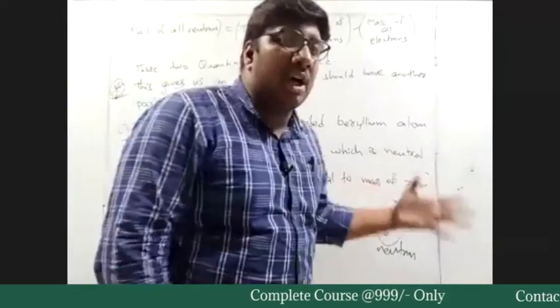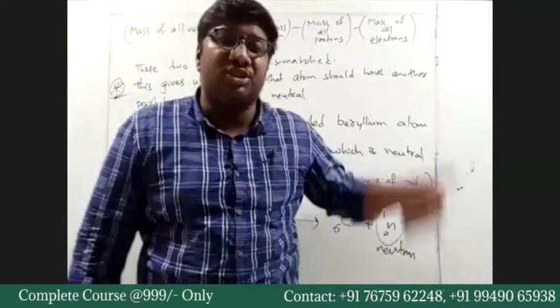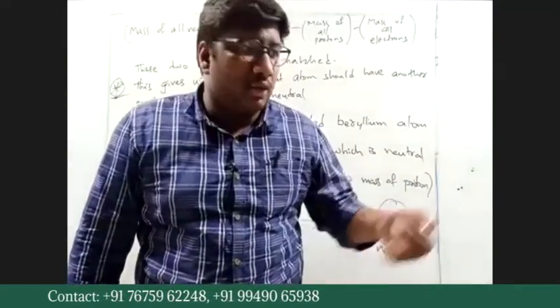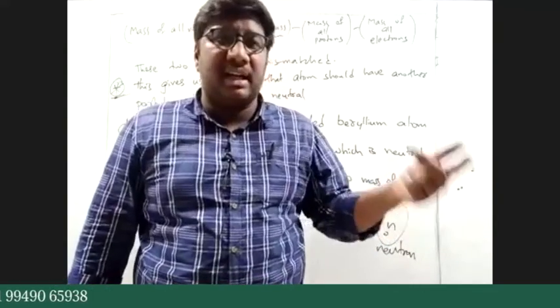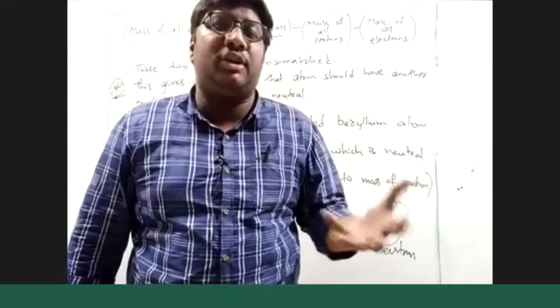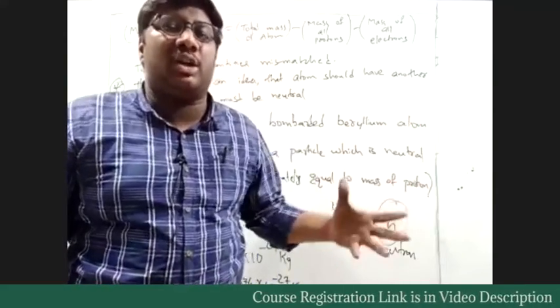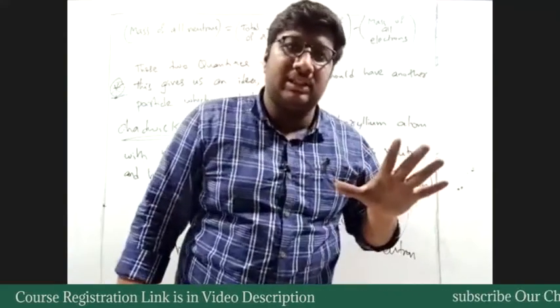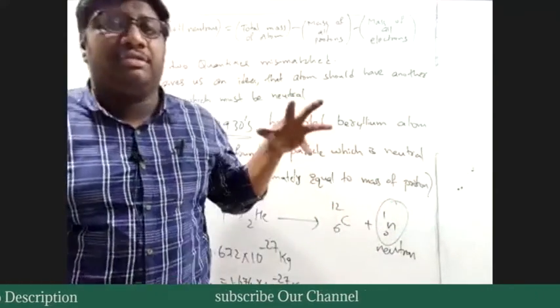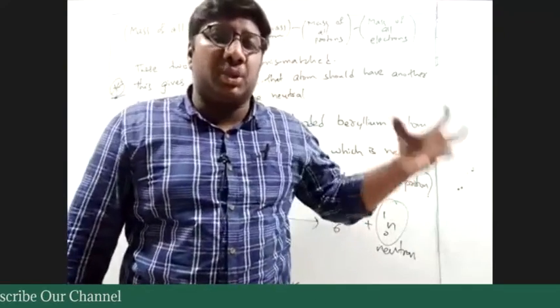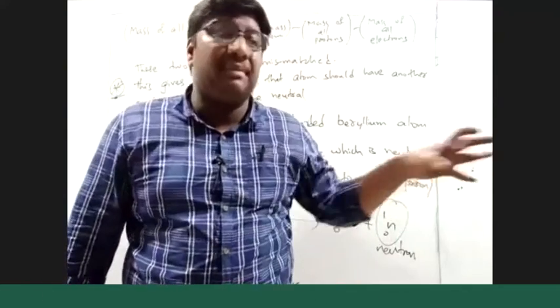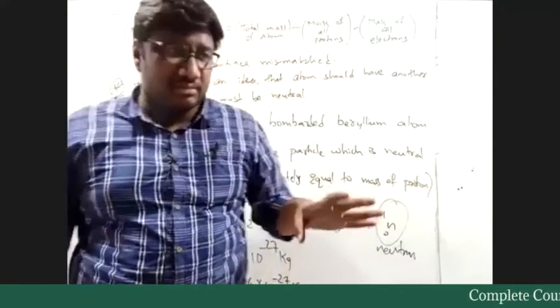Clear for everyone? Tomorrow we are going to start with Rutherford's model of an atom. We only have 2 to 3 minutes, and I don't want to start Rutherford's model now. If we start Rutherford's model, it should be done in one complete lecture: the complete arrangement of electrons, protons, neutrons, and what its drawbacks and limitations are, everything.